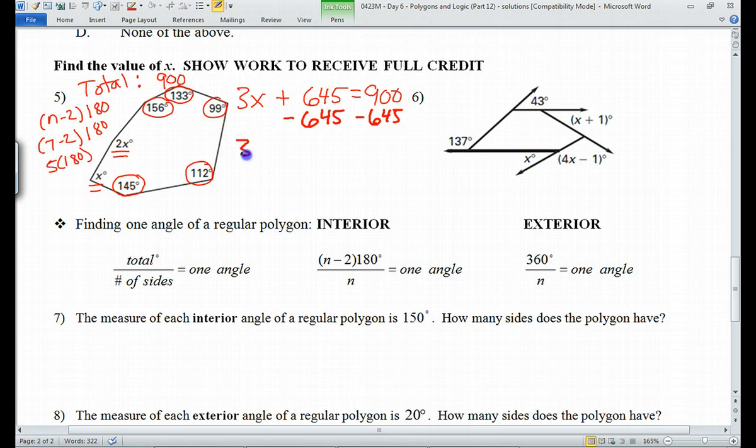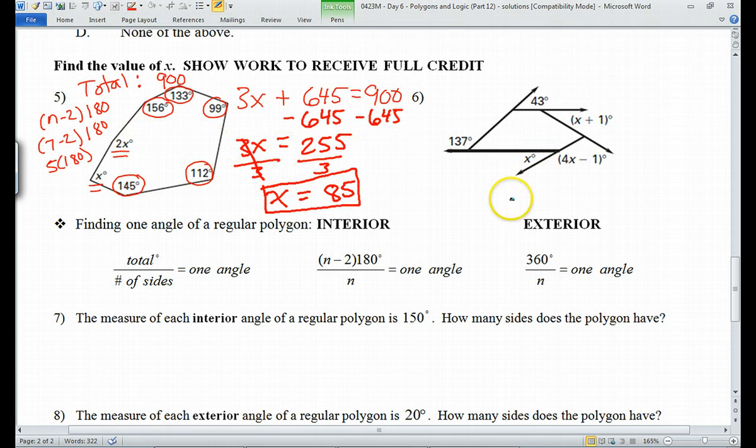And that will give us 3x equals 255. Then we divide both sides by 3. And that gives us x equals 85. Alright, and that's how you do number 5.